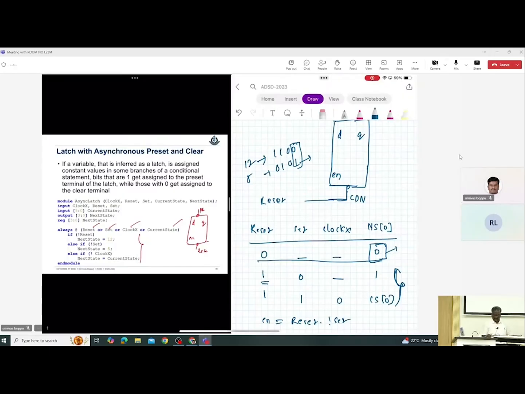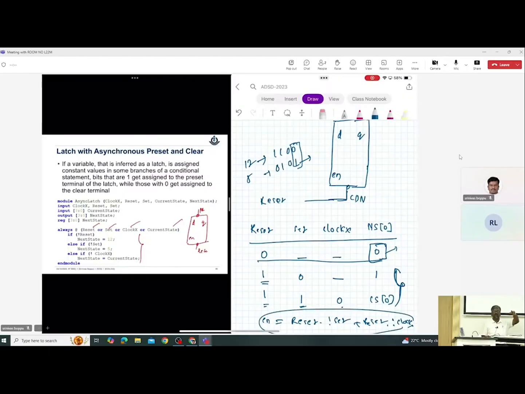Then the other condition: again reset should be 1, and the other condition I can neglect, so not clock X. Reset should definitely be 1, and this should be 0, so that means not clock X. Now I just connect this logic to the enable pin.